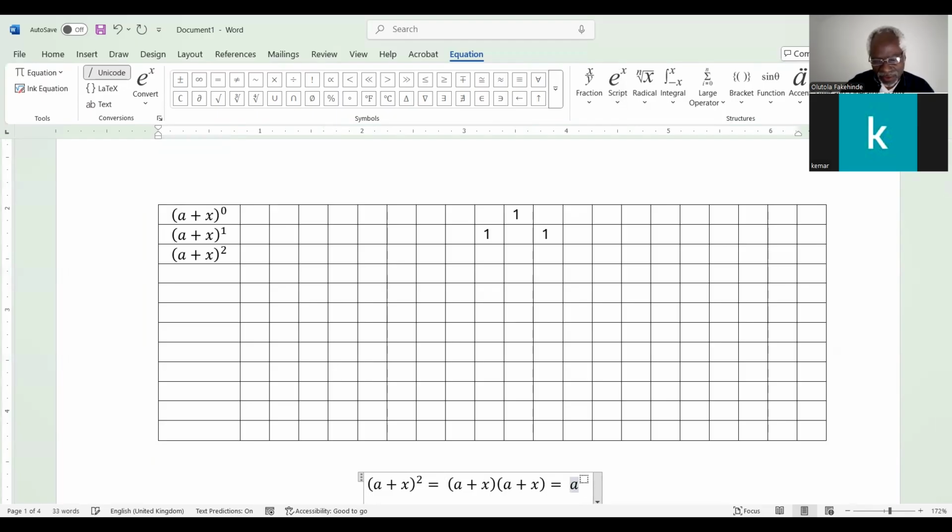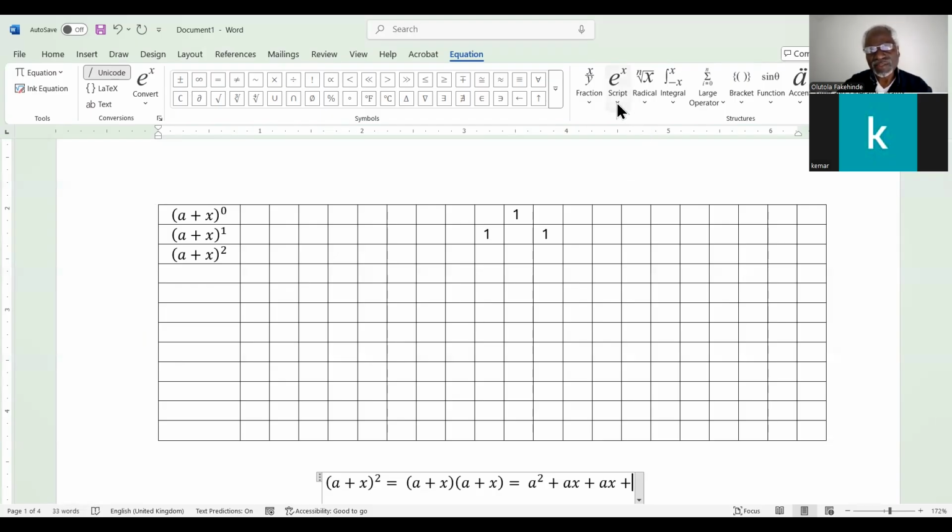And then A times X will be plus AX, because that's plus there. Again, we go to using X. X times A will give us plus AX again. And then X times X will give us X squared.